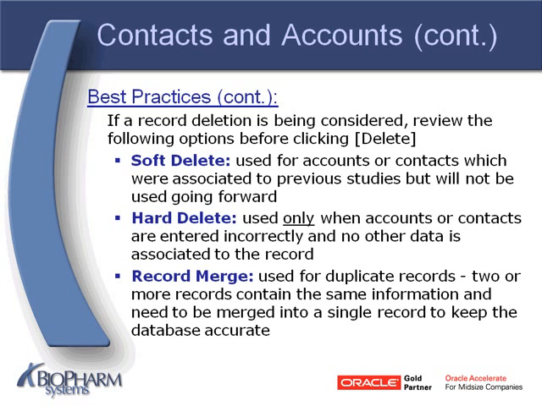The source record will disappear and only the surviving record will remain. As a note, we recommend that the merging of records be performed by an administrator. Otherwise, users can only merge records if they are the owner or primary user associated with those records.